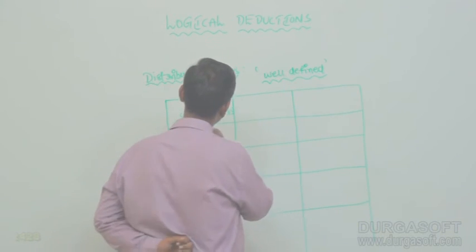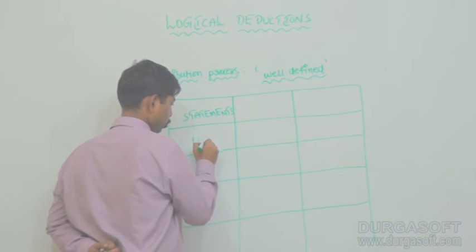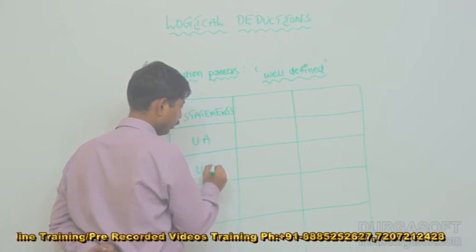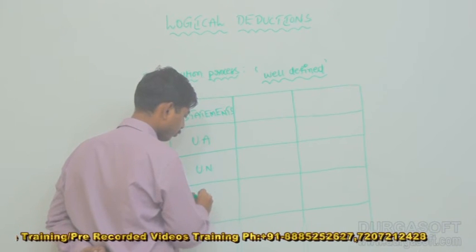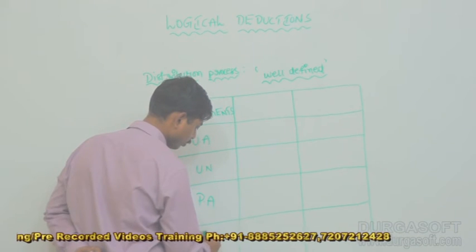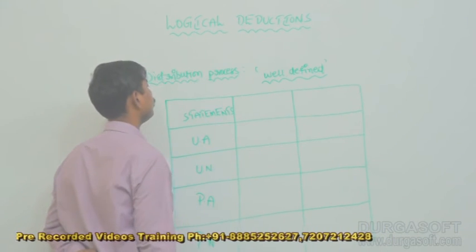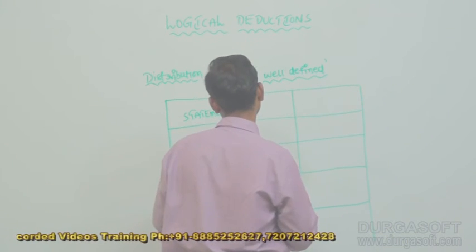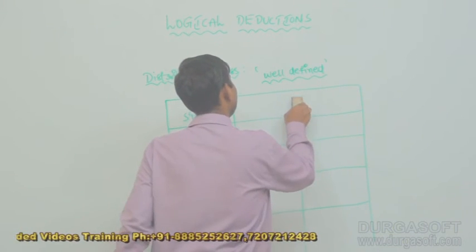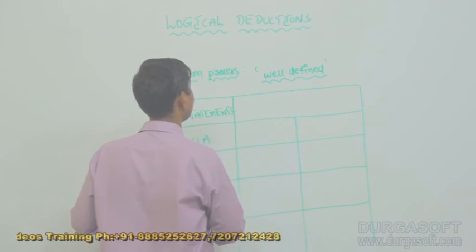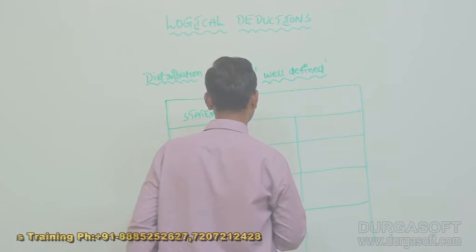Statements: universal affirmative statements, universal negative statements, particular affirmative statements, particular negative statements. What is the distribution process here? Distribution process means that should be defined very well. Now we are looking at the distribution process of all 4 statements.